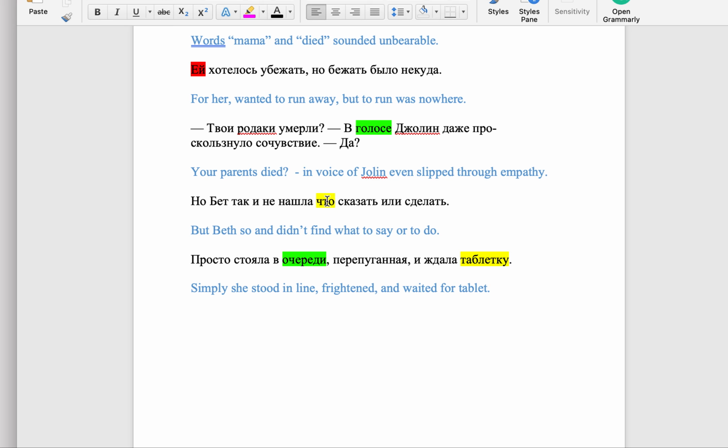Okay, so что we often see as just a normal word that maybe is in the nominative case, but here she didn't find something or anything. But Beth didn't find what to say or to do. So you could also translate it as anything to say or do. But что in this context is actually used in the accusative case because нашла что? Well, here even the word что is being used, so accusative.